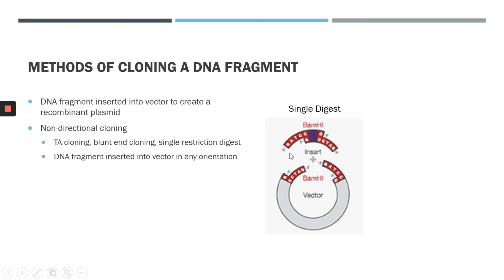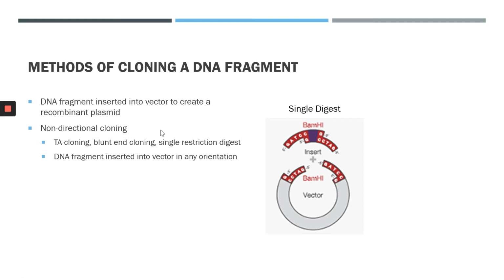So if you look at this insert fragment, for example, which has a 5' GATC overhang, the 5' GATC overhang is present on either side of the insert DNA fragment. So if this insert fragment were to flip around, it would still be able to be ligated into the vector. And this is an example of non-directional cloning.